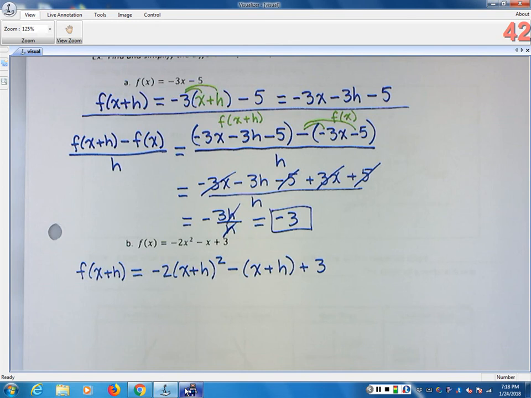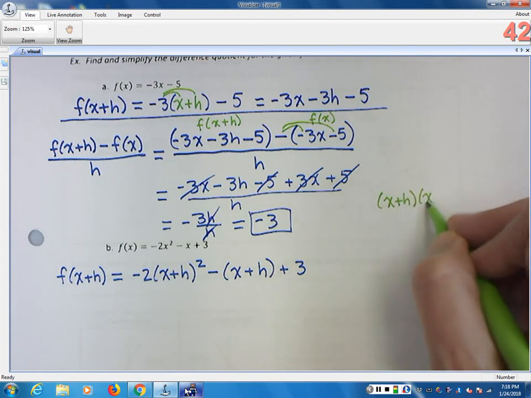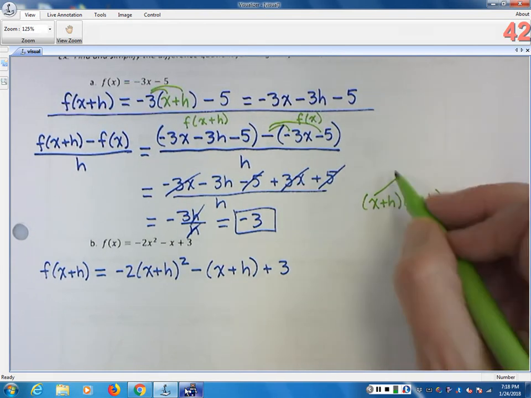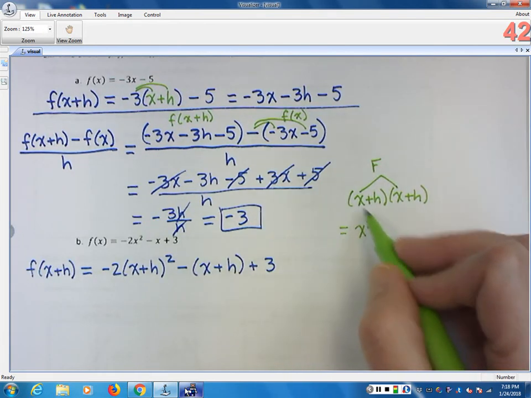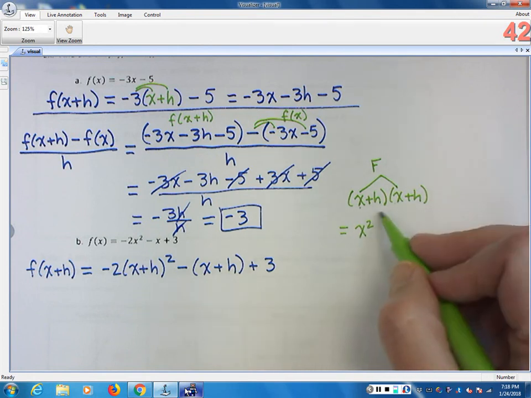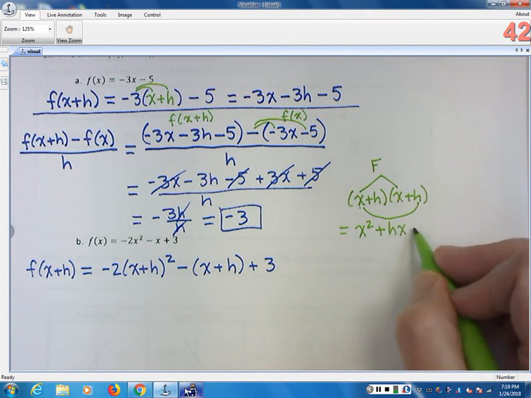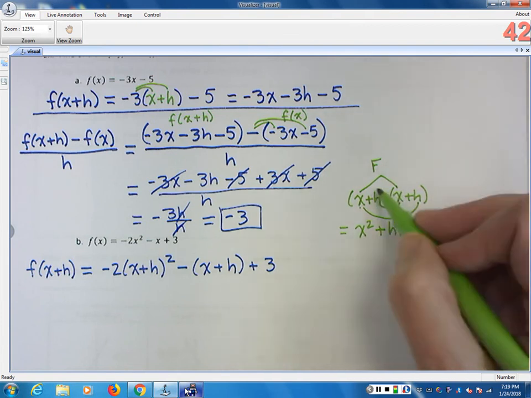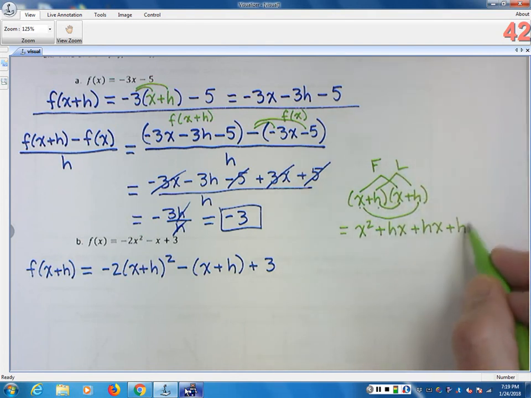Now if you need to go off to the side and FOIL this, x plus h squared is x plus h times x plus h. First is x squared, x times x is x squared, and then your outer is hx, plus your inner is hx, and your last is h times h, or h squared, and everything was positive.